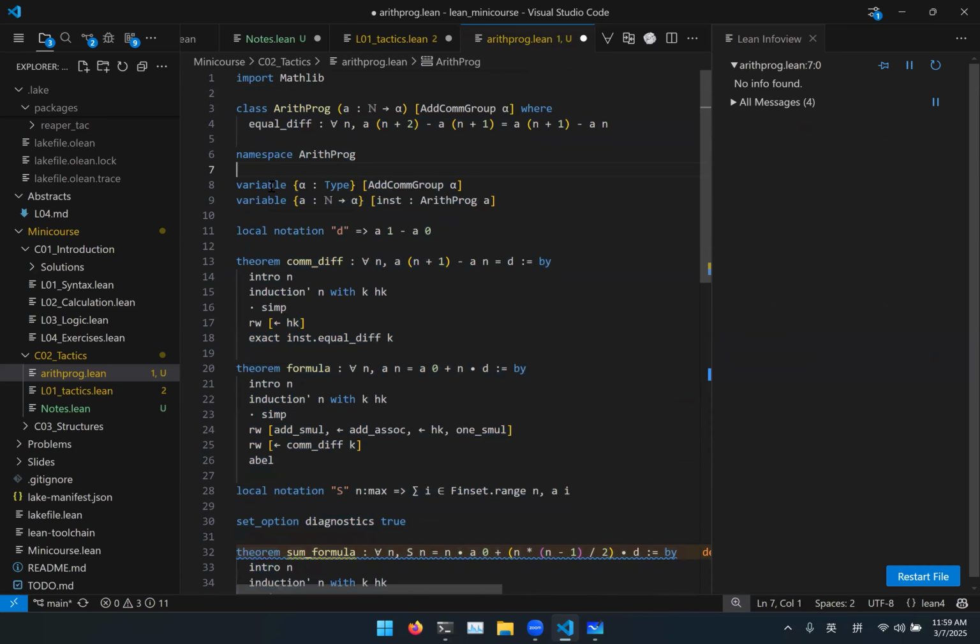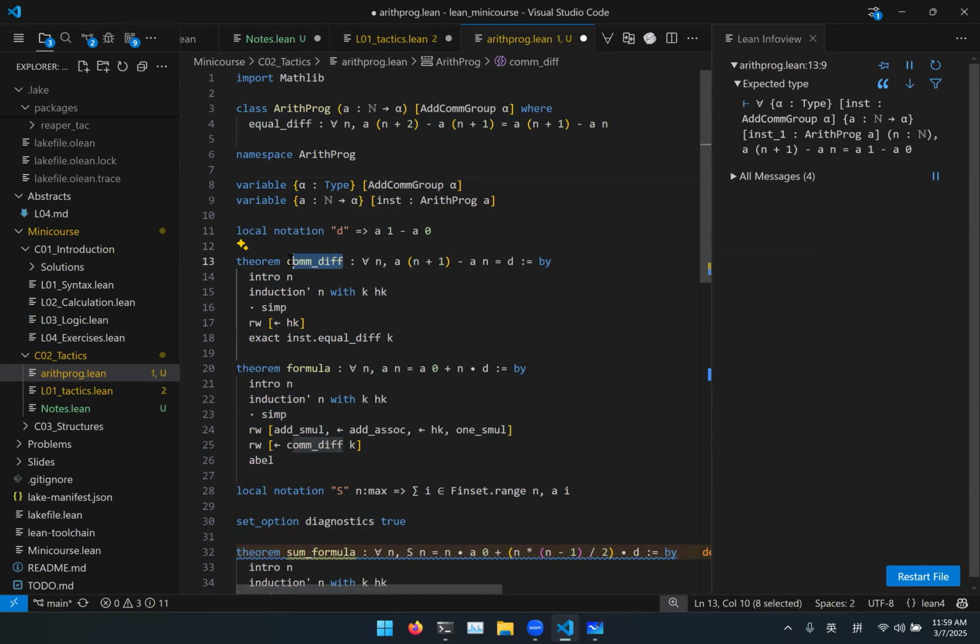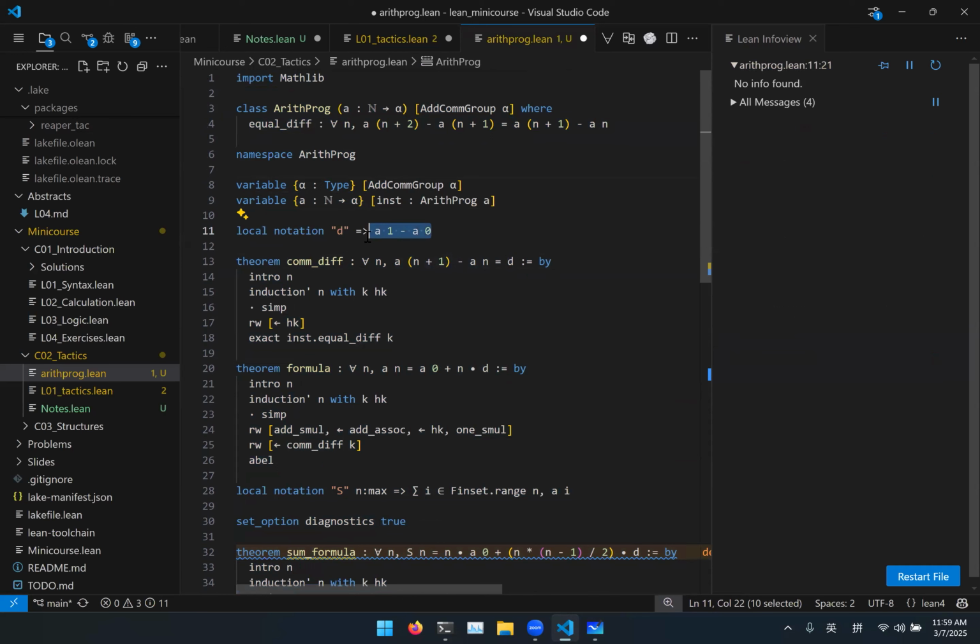In this namespace, we can define various local variables, so that all the lemmas can use them. For example, in this theorem, it says common diff, which means all the differences refer to the first difference, A1 subtracted by A0.